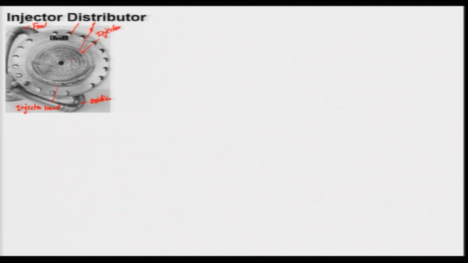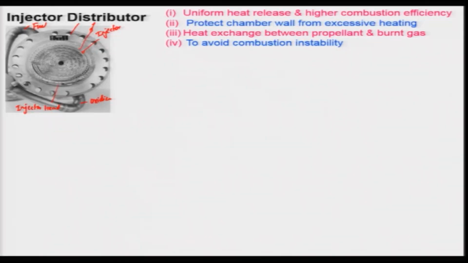These are small orifices and they are being arranged, and this arrangement is a very important aspect, and the objectives of these arrangements are several-fold. The injector element arrangements have several functions, particularly to have a uniform heat release and higher combustion efficiency.